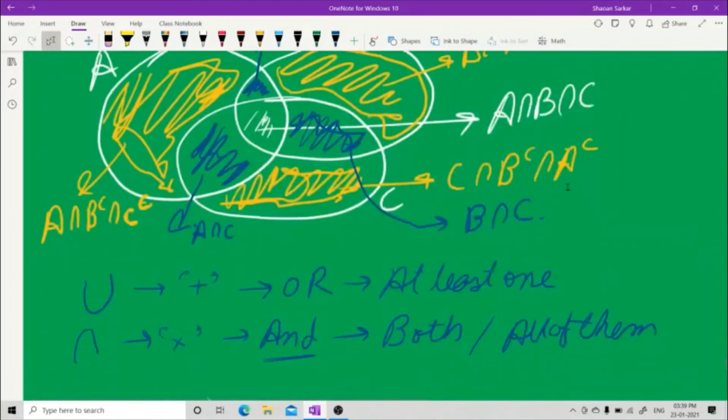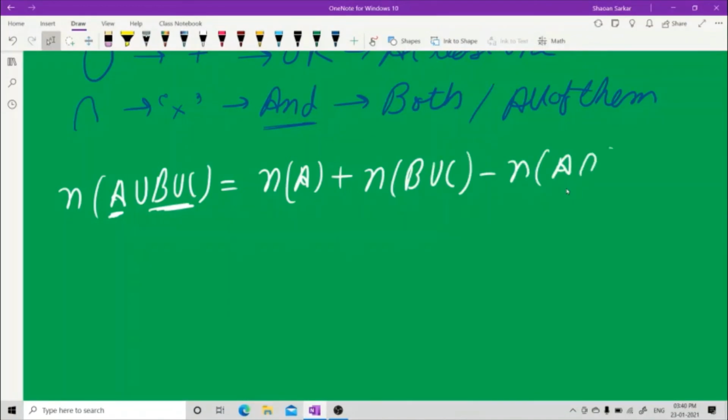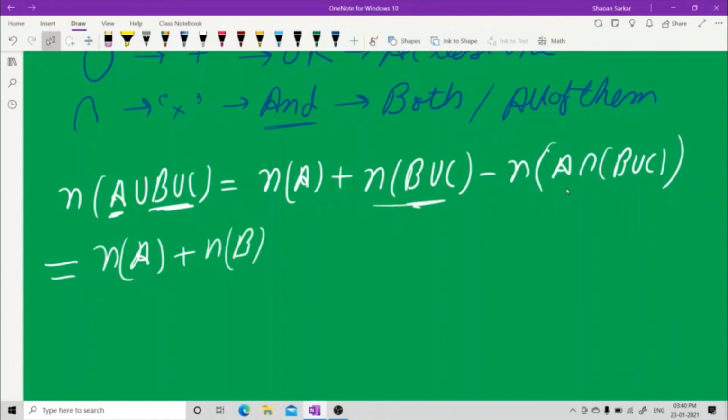This will become N(A) plus N(B union C) minus N(A intersection (B union C)). Now be very careful. This will become N(A). Now apply the above formula on this: N(B) plus N(C) minus N(B intersection C).